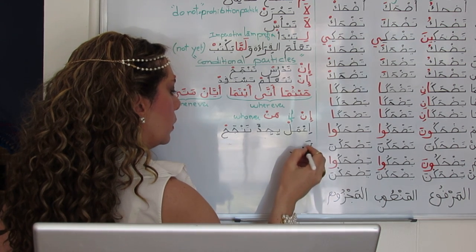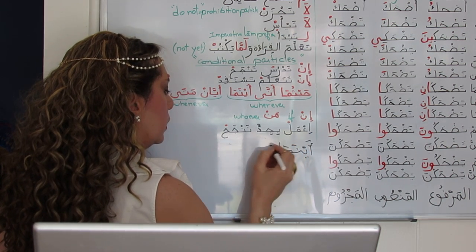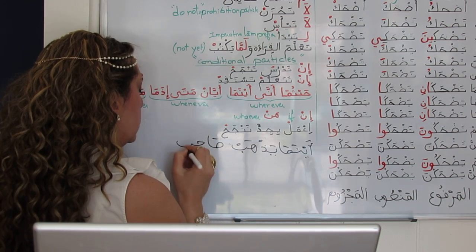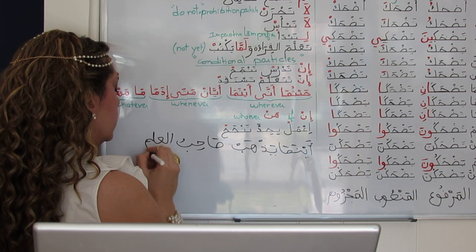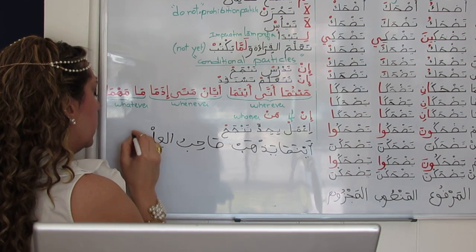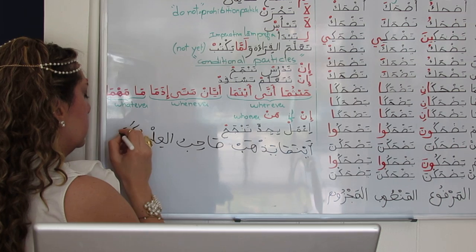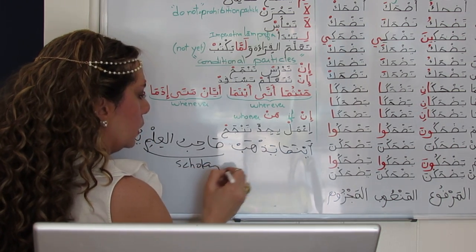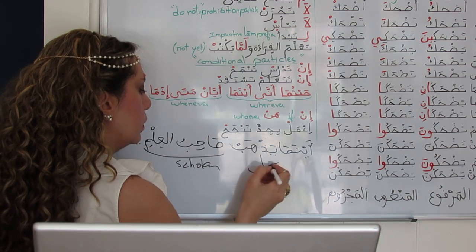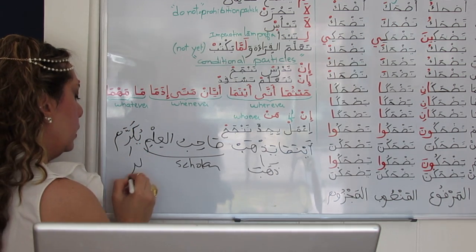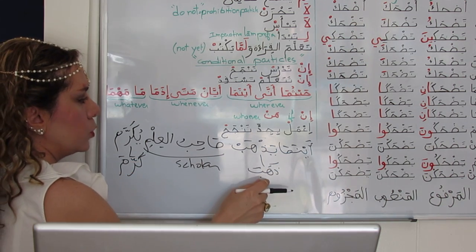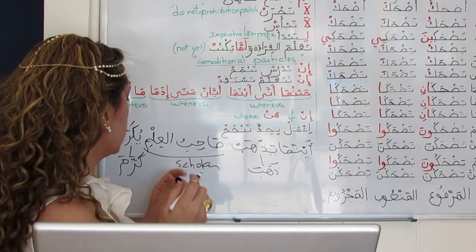So صاحب العلم is scholar. ذهب, to go, the first verb. كرم, to honor. So أينما يذهب صاحب العلم يكرم.